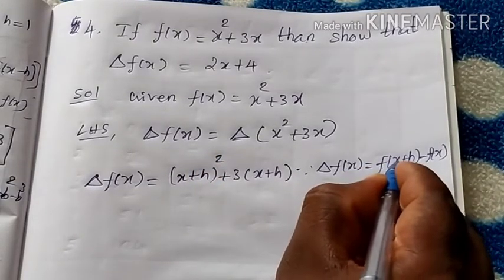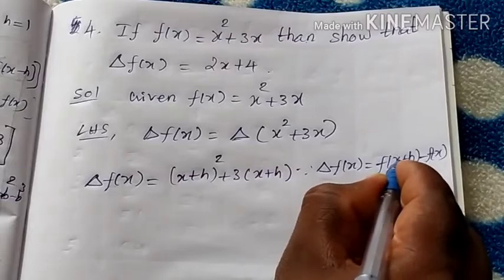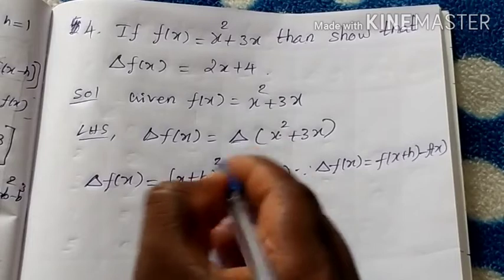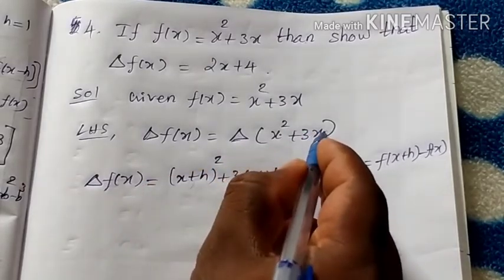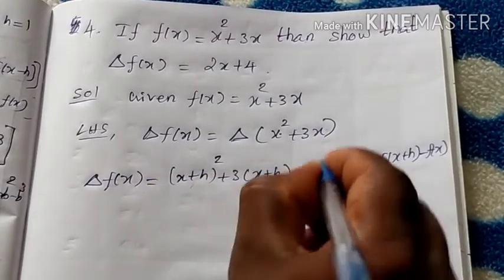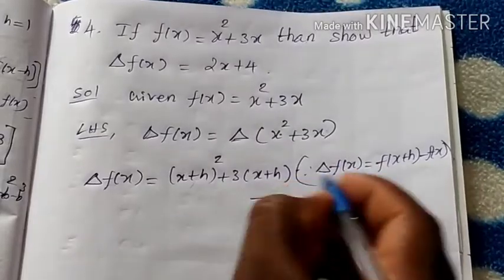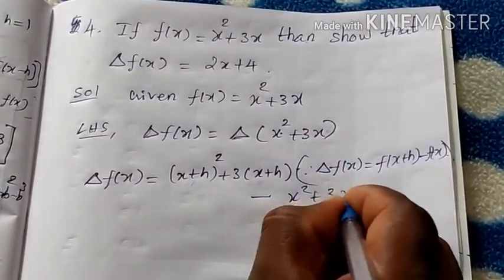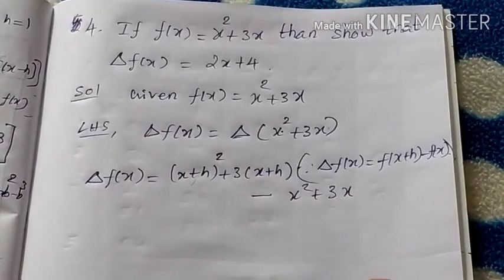Everywhere wherever x is there, change it to x plus h. So x is here, so x plus h. Here also x, so x plus h. Okay, so minus f of x. This is f of x, x square plus 3x. Have you understood?